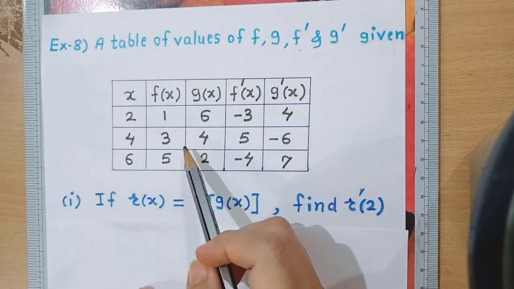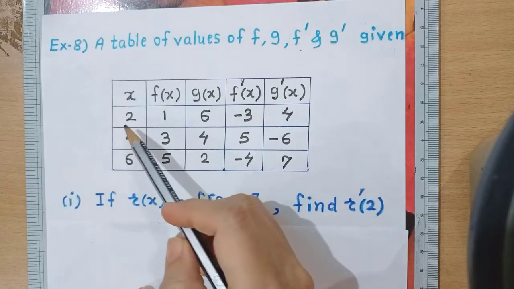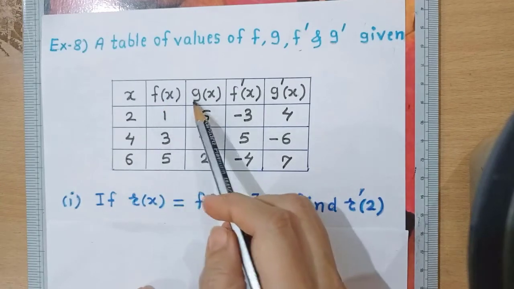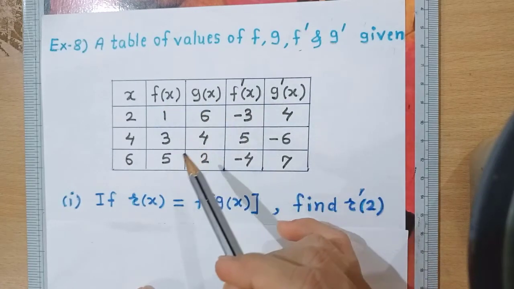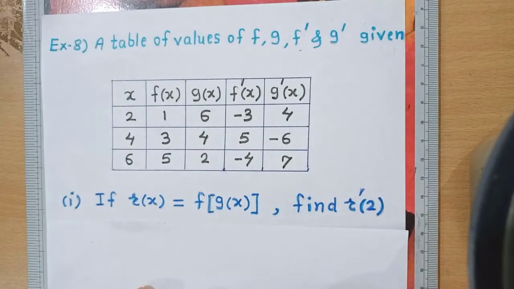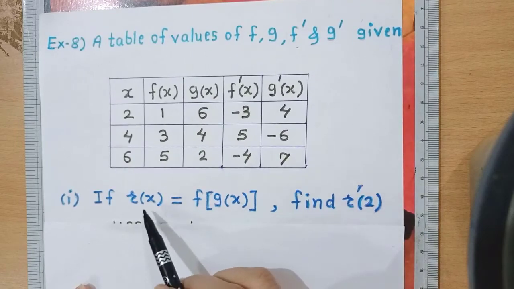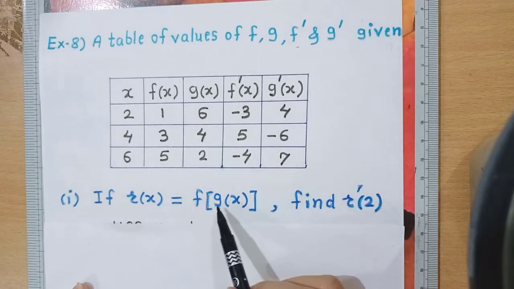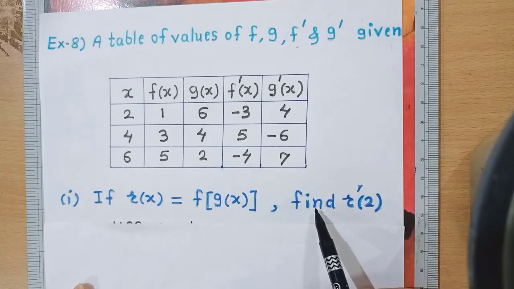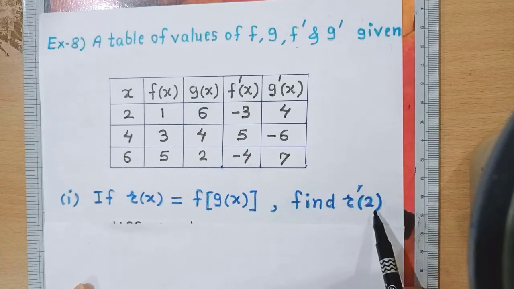Look at this table. Here values of x are given 2, 4, 6, and for these values f, g, f dash, g dash are also given. You have to use these values and solve this question. So the question is here r of x equal to f of g of x, means this is a composite function, and you have to find r dash of 2.